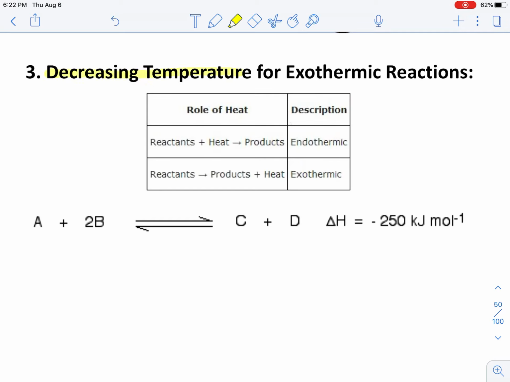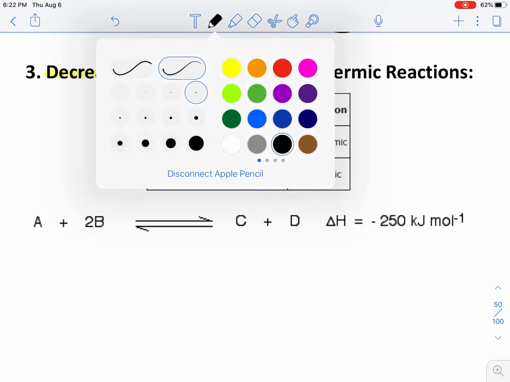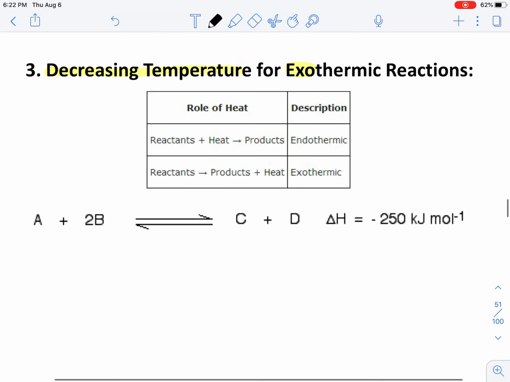So decrease in temperature for exothermic reactions. And so I'm just going to talk out the steps. The first step is to identify whether or not the reaction is exo or endothermic. And so if I look at the sign for enthalpy, I see that it's negative, so therefore it's exothermic.